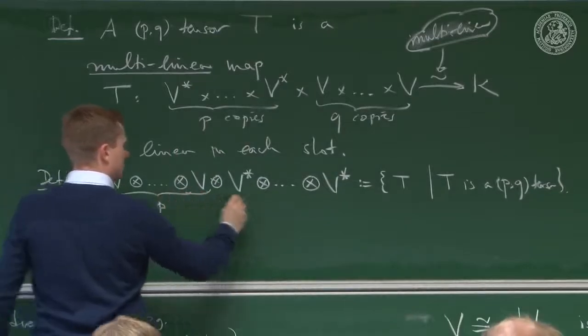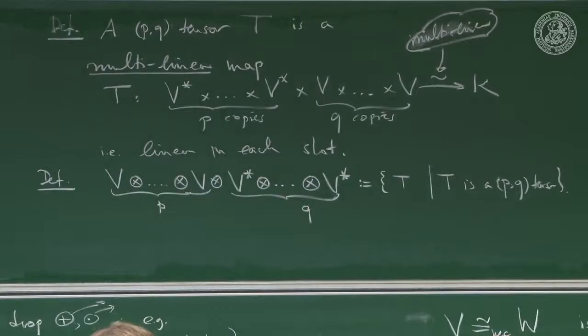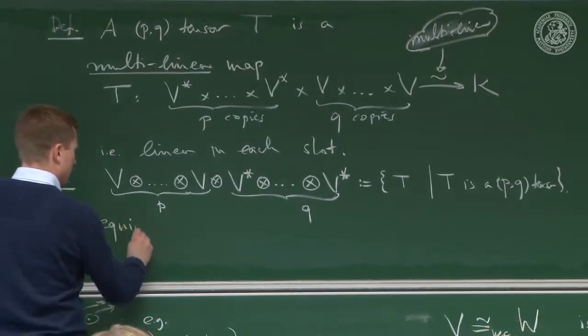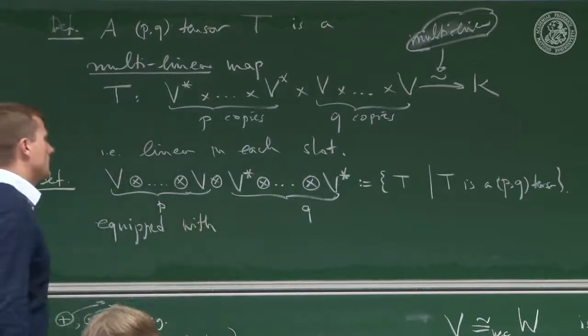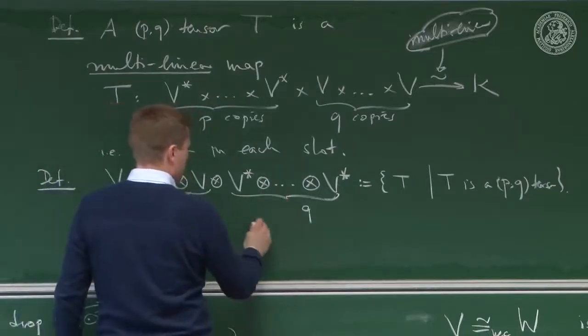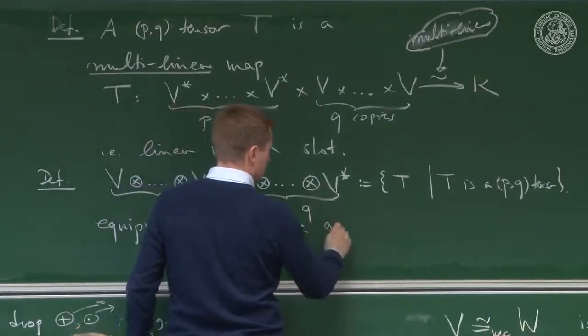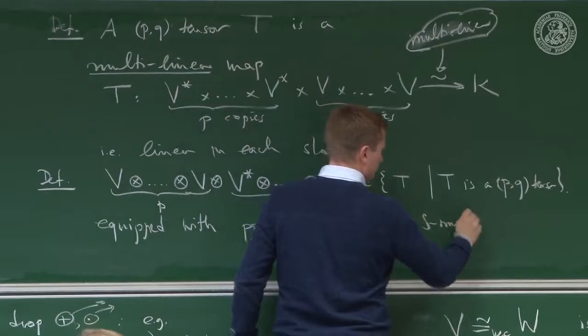These are P many, these are Q many. That's the set of all these PQ multilinear maps, and we can equip this with the pointwise addition and S multiplication.